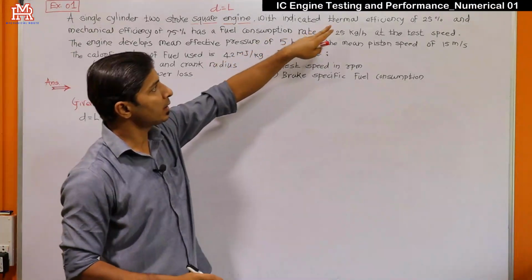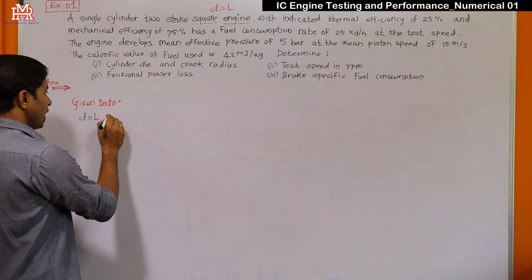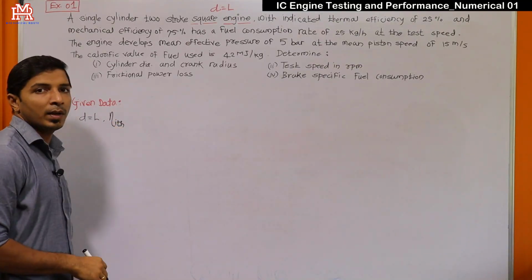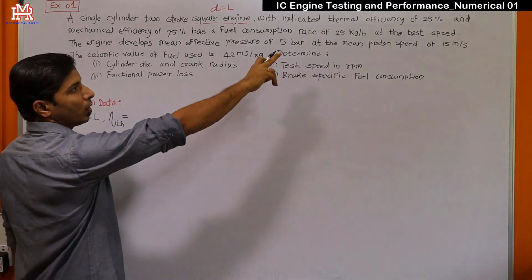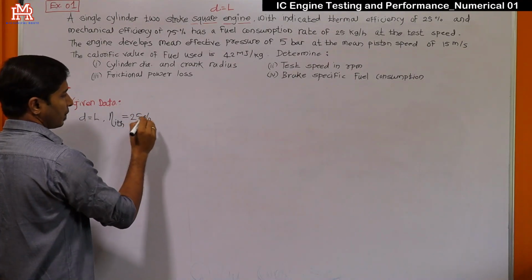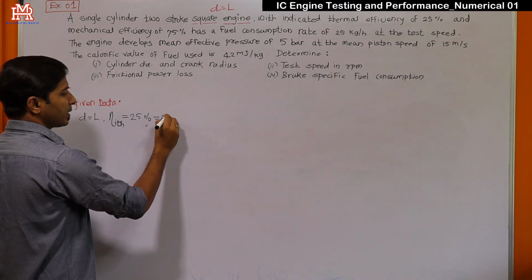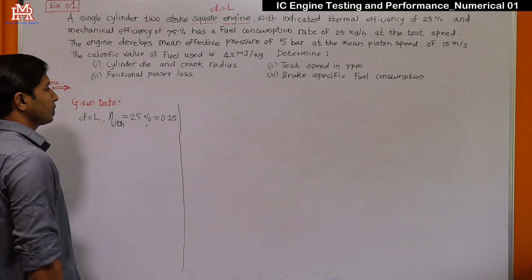Then, indicated thermal efficiency of 25%. So we know that we use eta ITH for indicated thermal efficiency, which is equal to 25%. You can remove this percentage sign, or you can write this as 0.25.